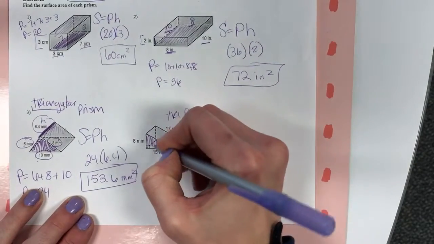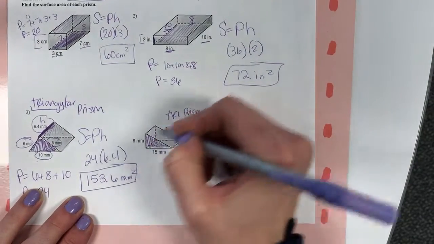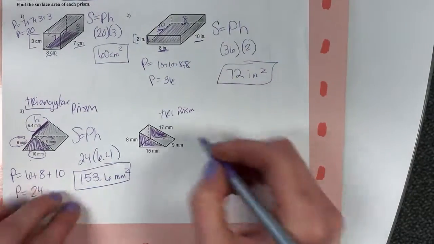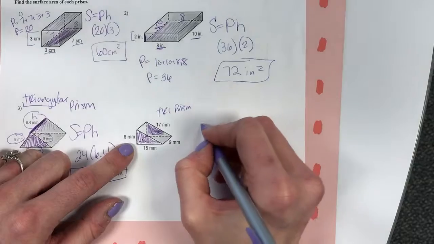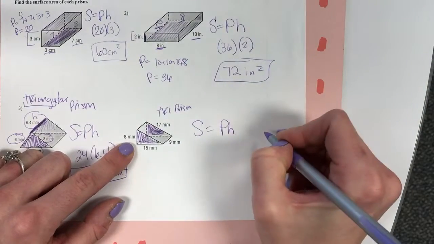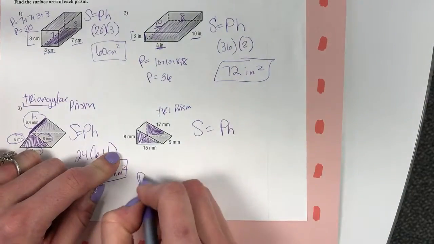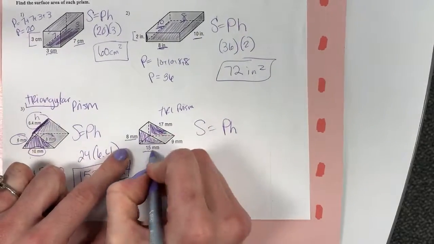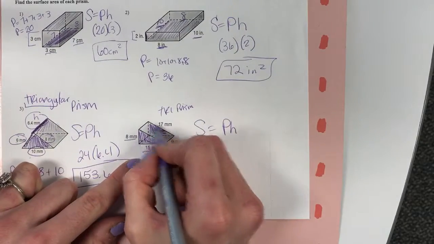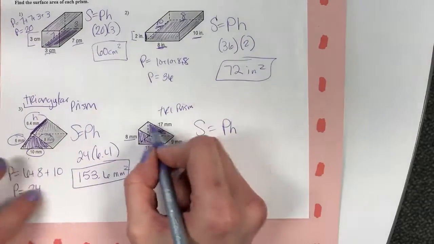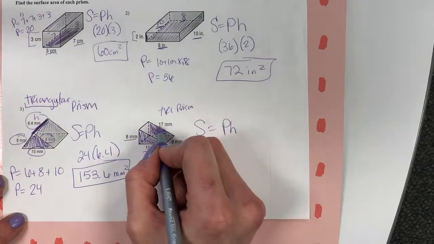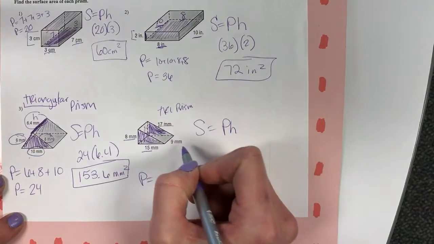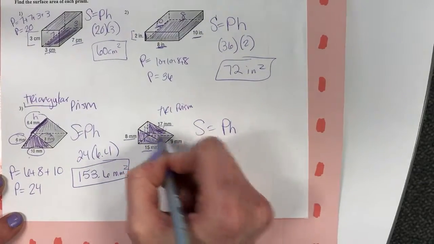Then same thing over here, another triangular prism. I'm going to shade in my triangles just as a reminder that those are my bases, and I want to find the perimeter of that base. So our three sides: we've got 8, 15, and they gave the measurement for this slanted side, this hypotenuse, which is 17. That means it'll be the same measurement over here; those are congruent.